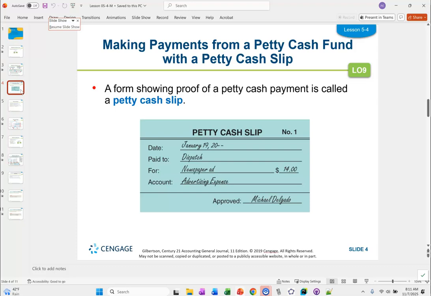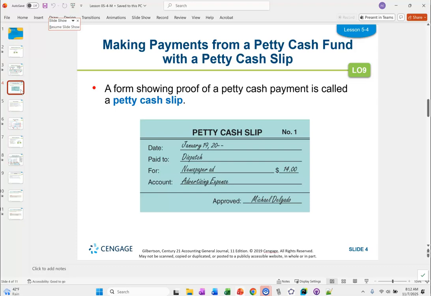Making payments from a petty cash fund is done with a petty cash slip. What these slips are is proof of the petty cash payment. Think of it like a check stub, or a receipt. It says on January 19th, I paid Dispatch $14 for a newspaper ad.